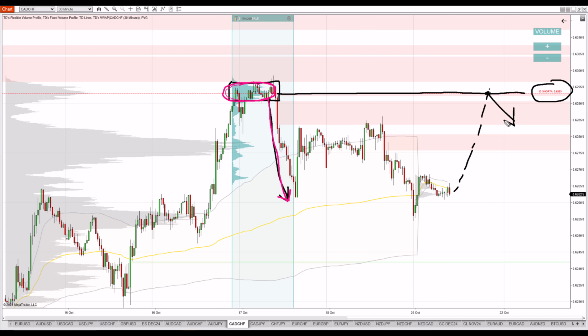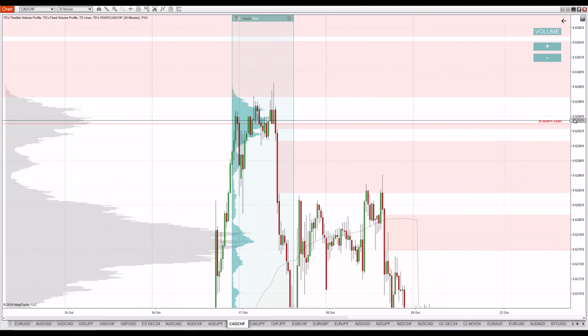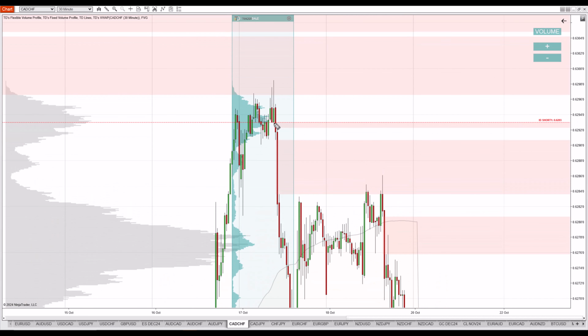Now, very similarly as in the previous two trading ideas, we also have a fair value gap here. It is just a small one. Let me zoom this in. This small fair value gap. But there's one way bigger below this huge fair value gap.